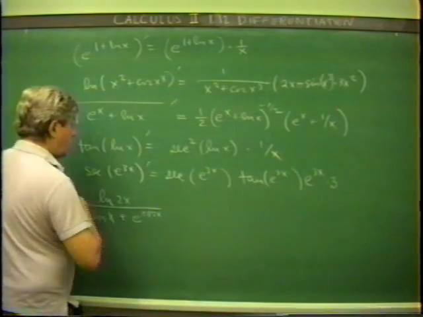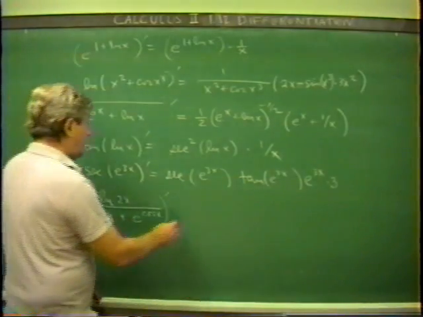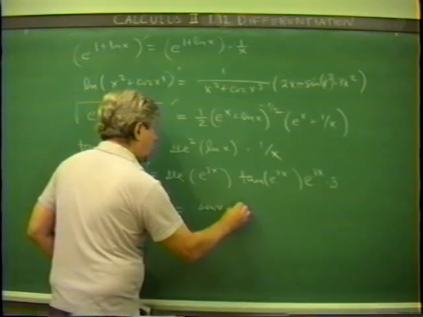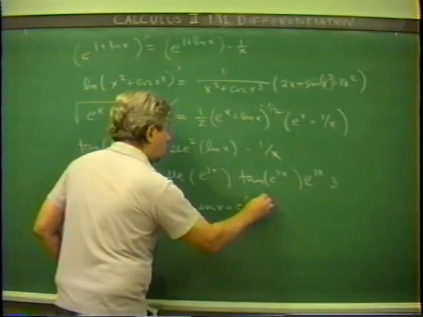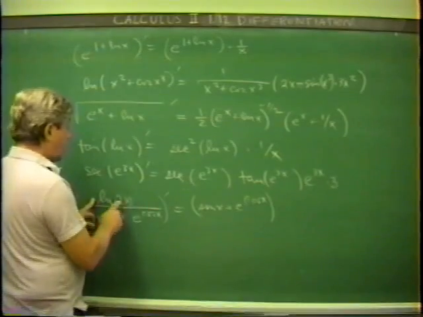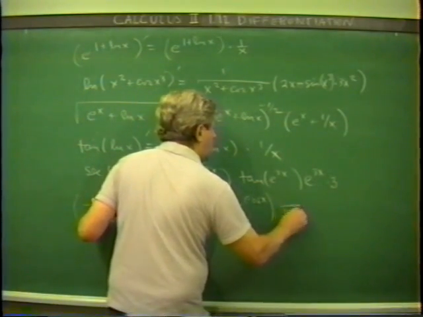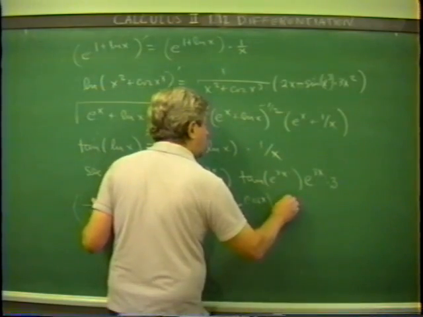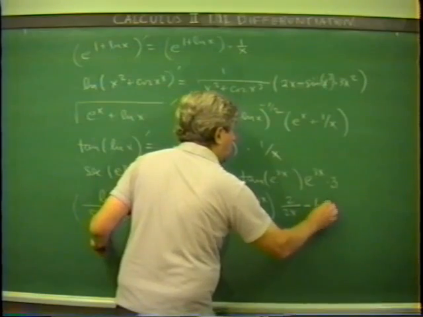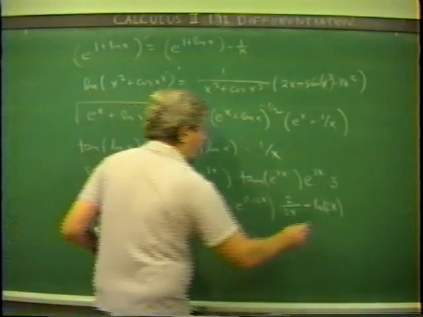Log 2x over sine x plus e to the cosine x. If you want the derivative of this, well, this is a quotient. So the derivative is the denominator, sine x plus e to the cosine x, times the derivative of the numerator. The logarithm of 2x has for its derivative 1 over 2x times the derivative of 2x, which is 2.